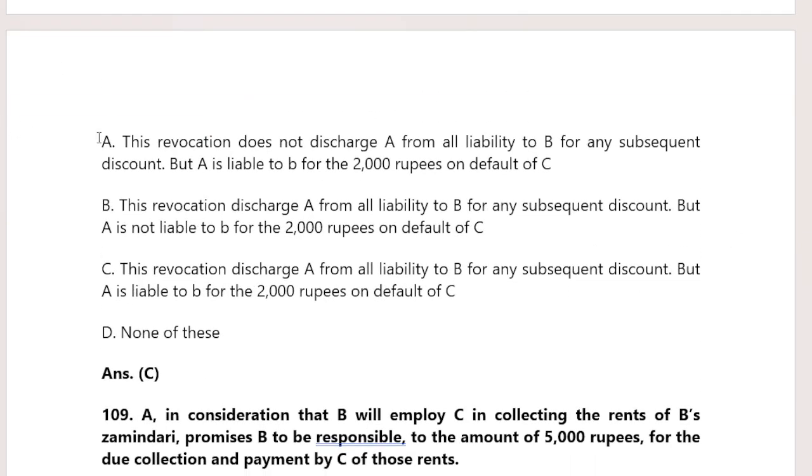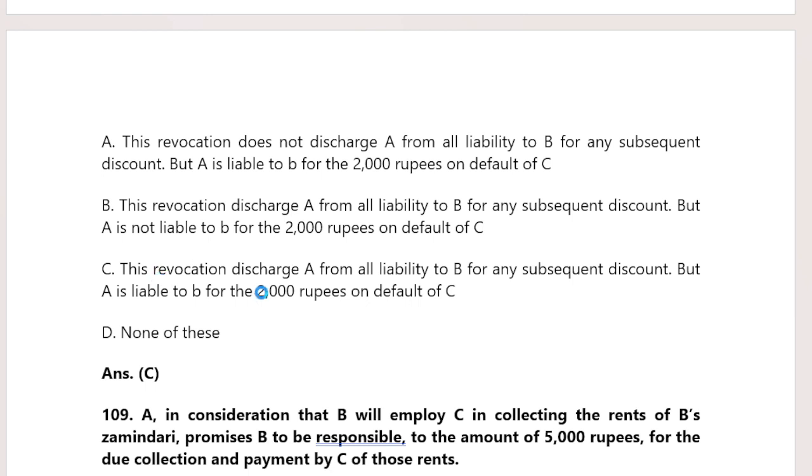Then option A is: the revocation does not discharge A from all liability to B for any subsequent discount, but A is liable to B for 2,000 rupees on default of C. Option B: the revocation discharges A from all liability to B for any subsequent discount, but A is not liable to pay B 2,000 rupees on default of C.